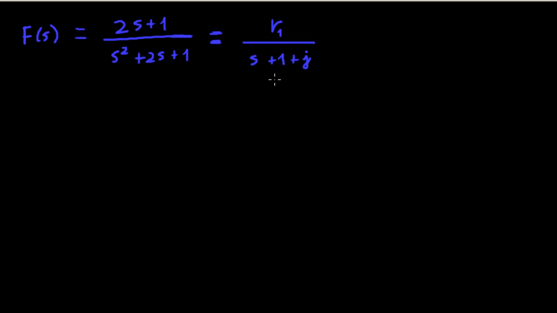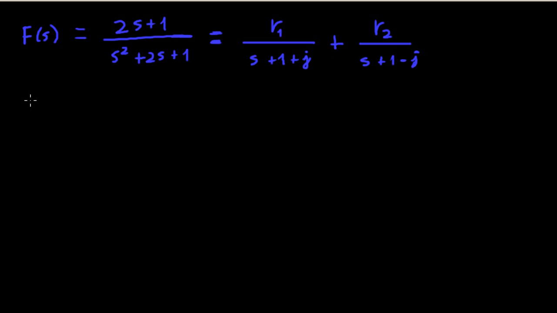This is one of the poles. One of the poles is -1 - j, plus R2 over (s + 1 - j).